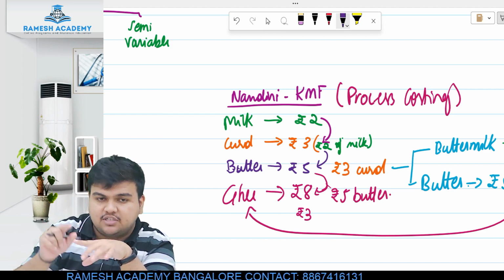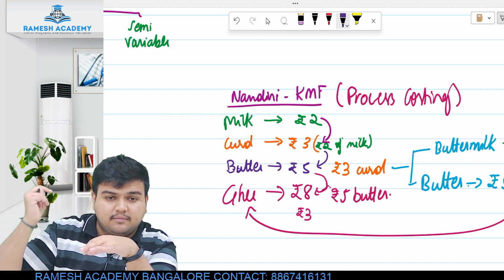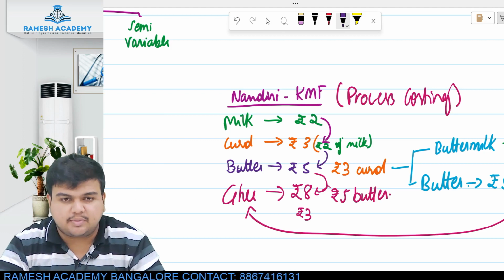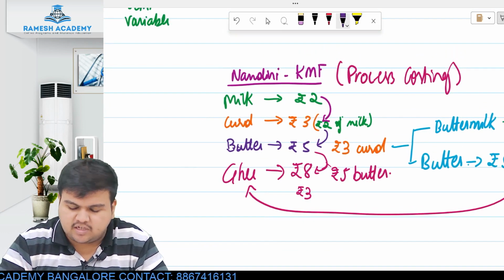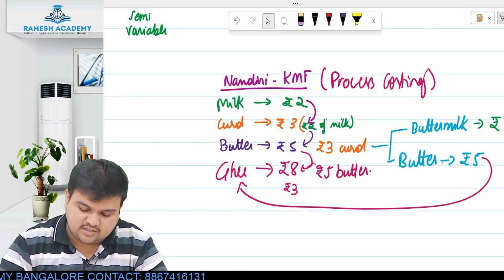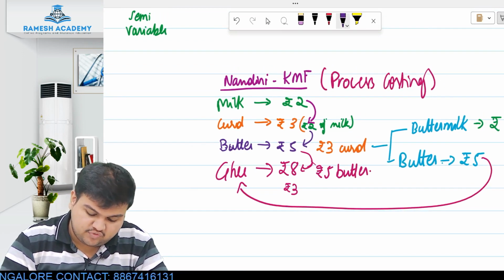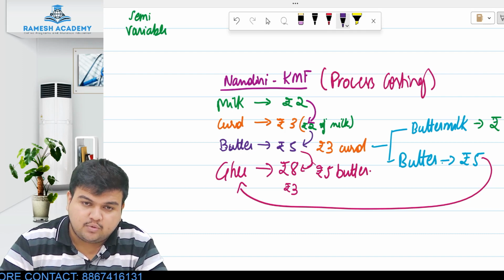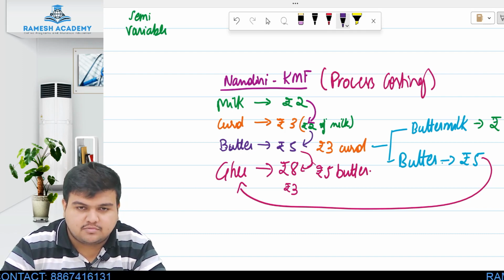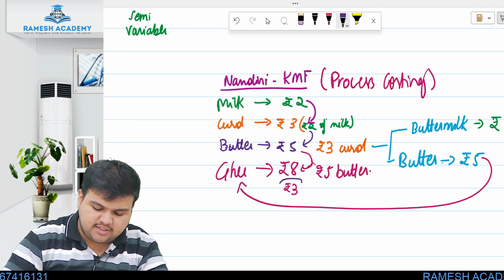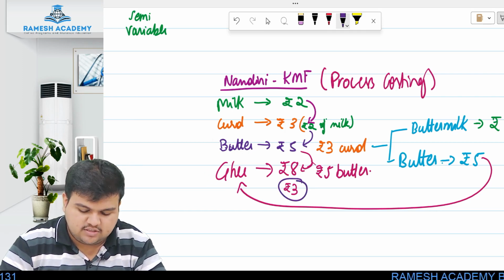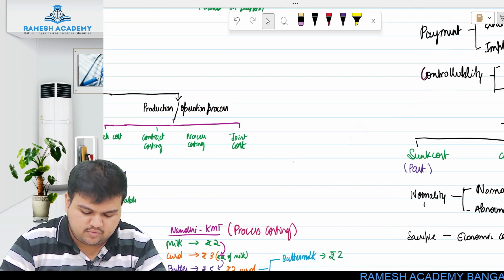That conversion cost includes the cost of the previous department, because you have separate accounting for this. The butter is divided into buttermilk and butter. You can even sell it. This is a joint product. Then if you transfer it to the ghee department, it includes 5 rupees of butter, and only 3 is the conversion cost. This is process accounting. We need to look into detail in this.